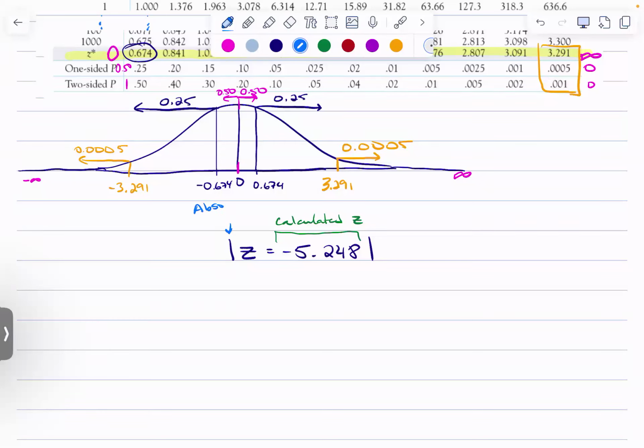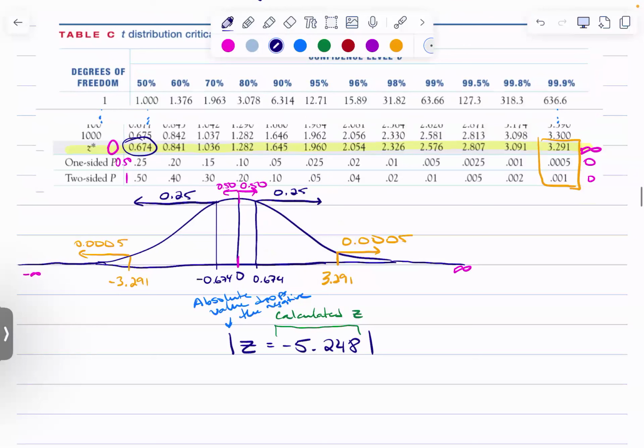I'll say the absolute value drops the negative. We've seen the absolute value before, but it's nice to have a reminder.